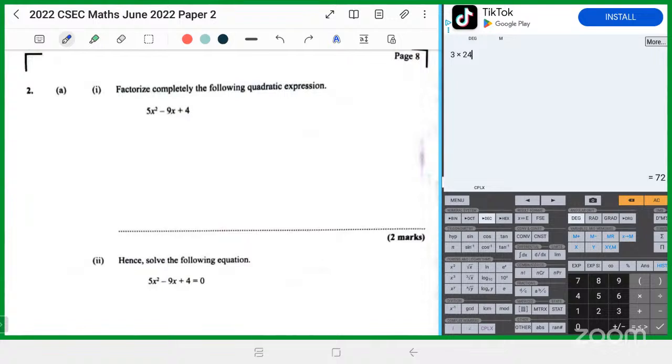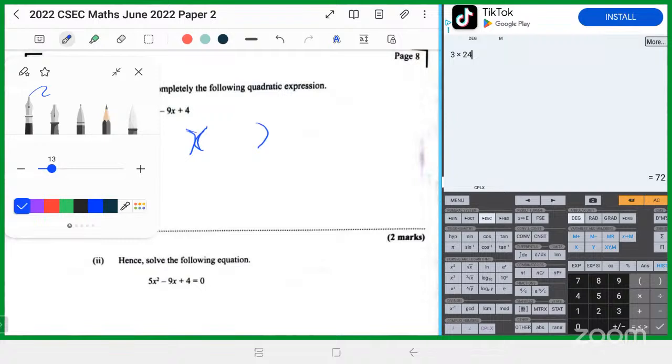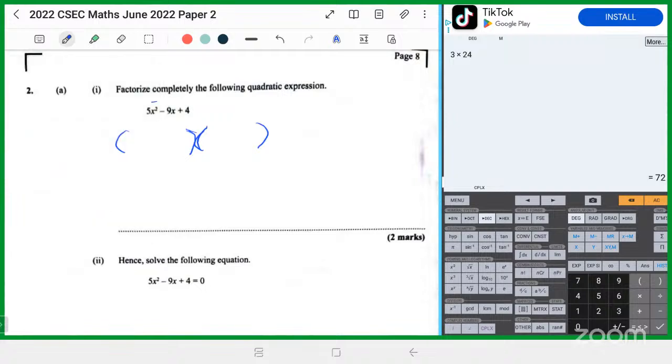All right, so I'm going to start the factorization. It's almost like a trial and error method, but you don't have many things to try. That's the beauty of it. Because the only factors are 5x squared or 5x and x, I can put those in first. Now I want factors of 4 to go here and there, such that the far product and the near product add to 9x.